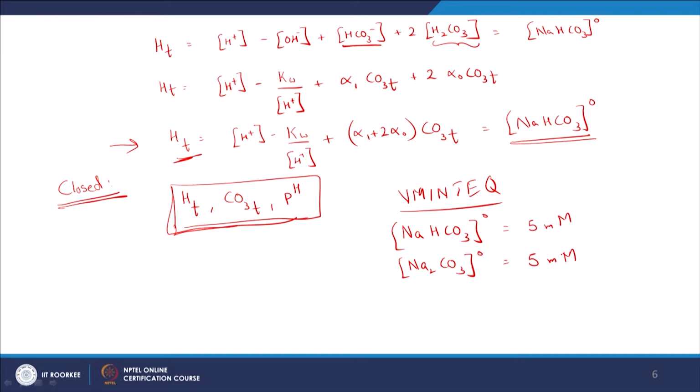So here we are working it out in VMINTEQ, and both recipe species, the compounds we add to the solution initially, NaHCO3 and Na2CO3, are equal to 5 millimolar concentration.